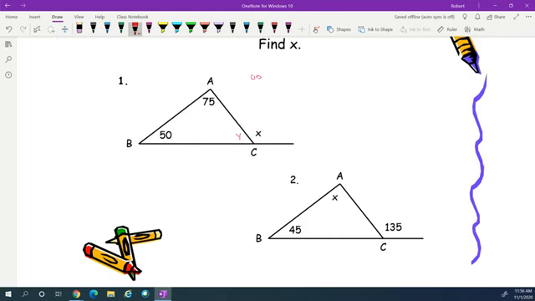So let's call it the old way. 50 plus 75 plus y equals 180. And we find out that y, let's see, 180 minus 125 is 55.